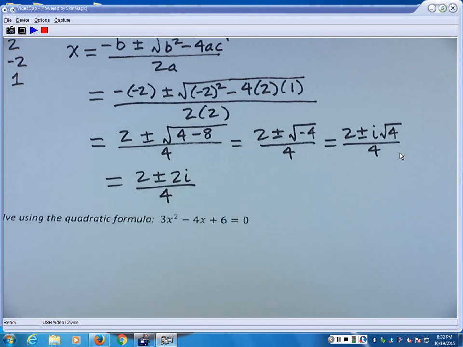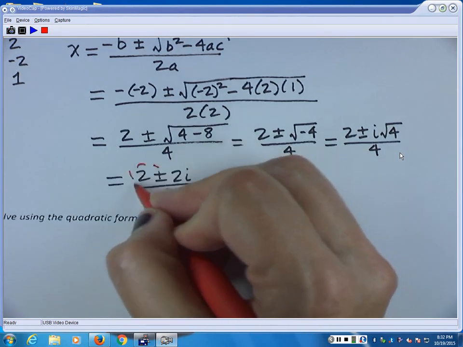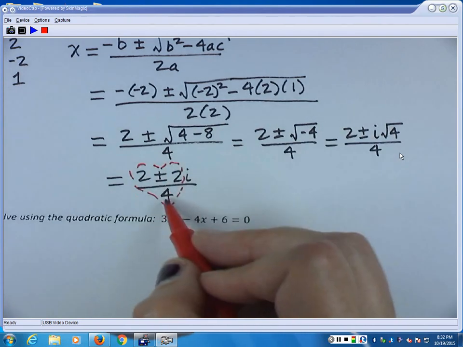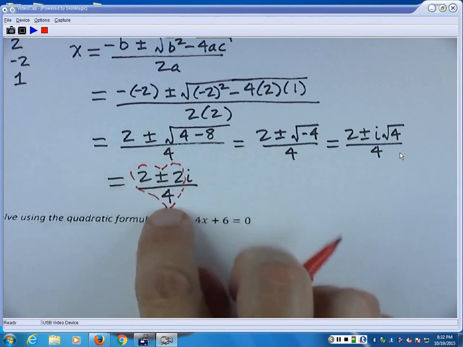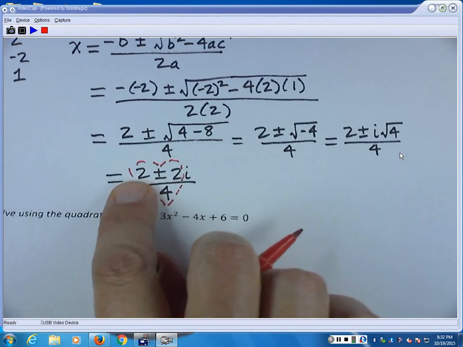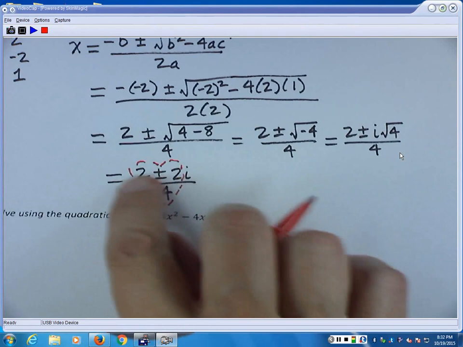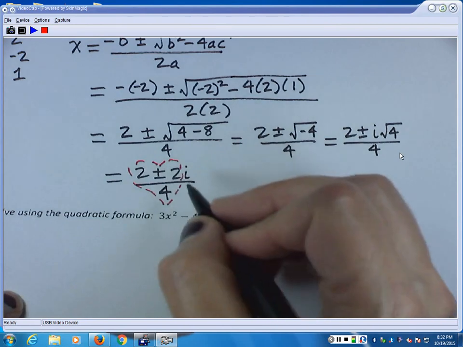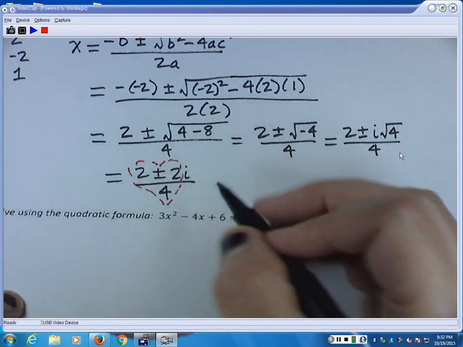And then if you end up with something like this, you can make a little heart if you want, or you can separate it out, but you can only divide something out of all of these. These are two different terms here. If you can divide the same number out of all 3 of these numbers, you can do it. Otherwise, you can't. Or you separate it. So here you can divide a 2 out of everything.